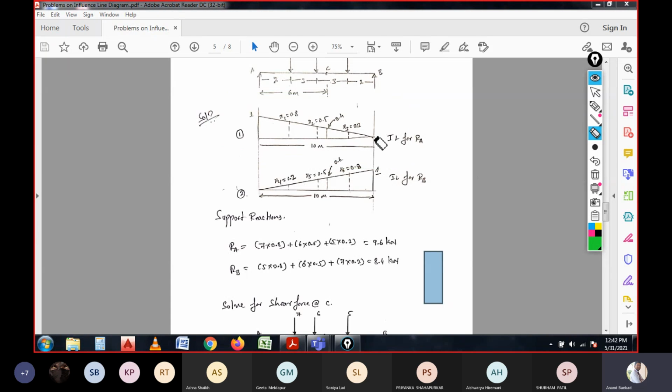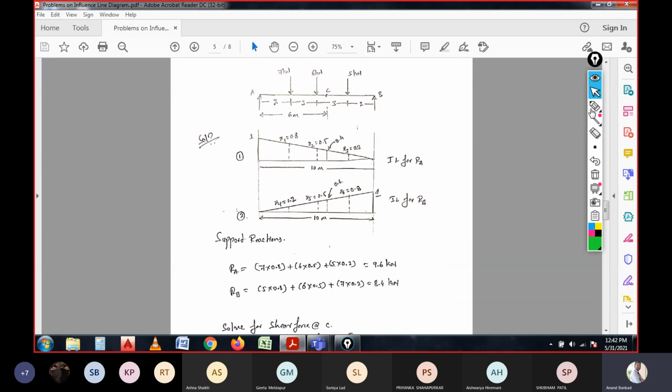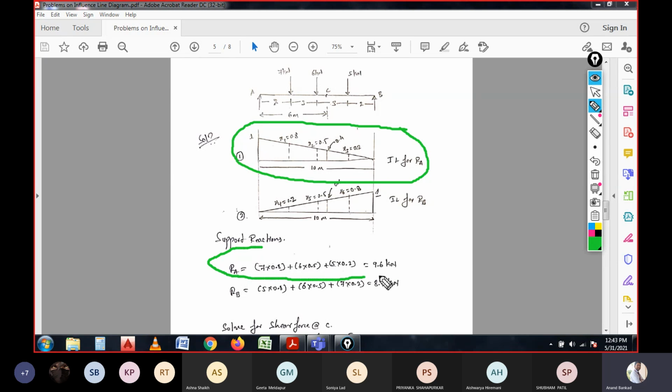Again I would like to draw these two, because we need the diagram for the load. So this is the total diagram that needs to be considered for reaction at A, and this is the calculation we had considered for RA.